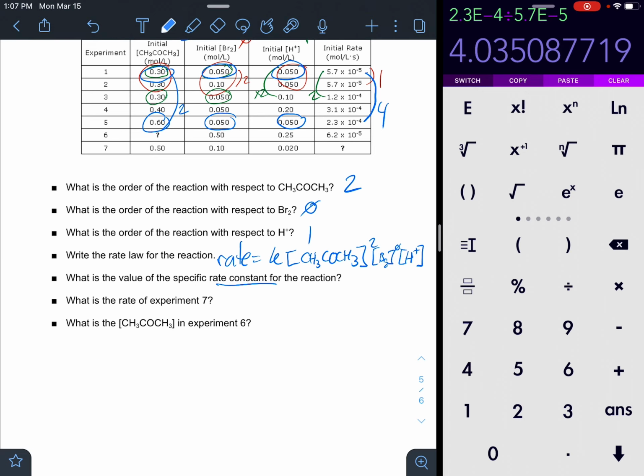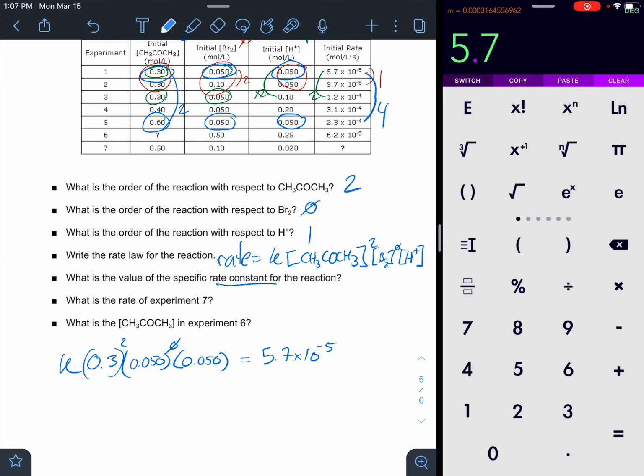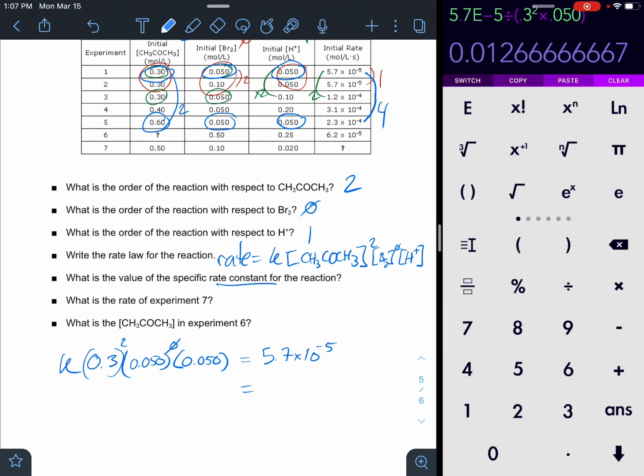So we just need to punch in some numbers, 0.3 times 2 to the power of 2, 0.050 to the power of 0, 0.050 to the power of 1 equals, and there's K equals 5.7 times 10 to the negative 5 for the rate. 5.7 e negative 5 divided by 0.3 squared times 0.05 to the power of 0, nothing to see there, 0.050 to the power of 1. Okay, so that means that K is equal to 0.013.